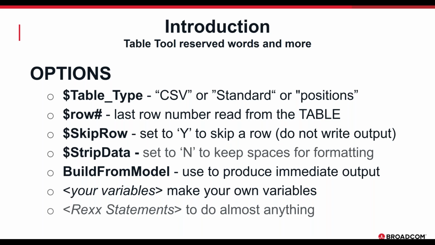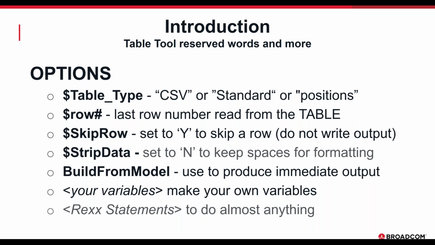The first one is the table type. Again, today we're going to concentrate on the CSV table type, which is comma separated value. The Table Tool originally provided as the best practices implementation of Endevor uses one of the other table types. And we won't really get into much of that today, but the last one listed here, the third, is the position table type.